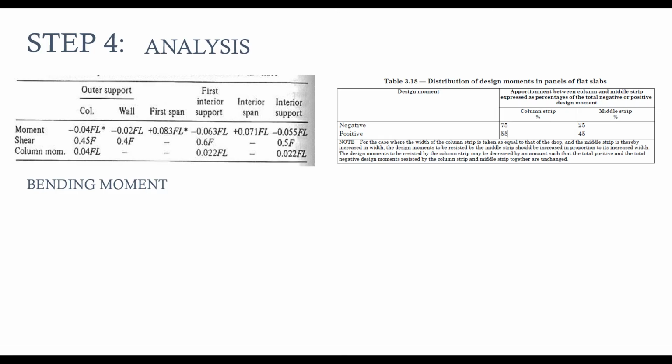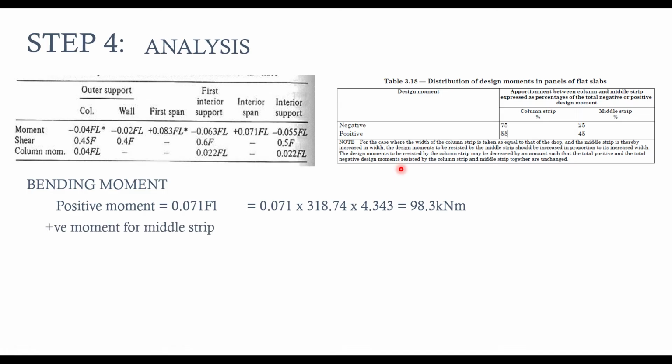In order to estimate the bending moment, we are going to take the positive moment first. The positive moment is given by this formula, which was extracted from this table, 0.071 FL. If you substitute F and L, which were already calculated from the effective span and the design load, you are going to have 98.3 kilonewton meters as your positive moment.